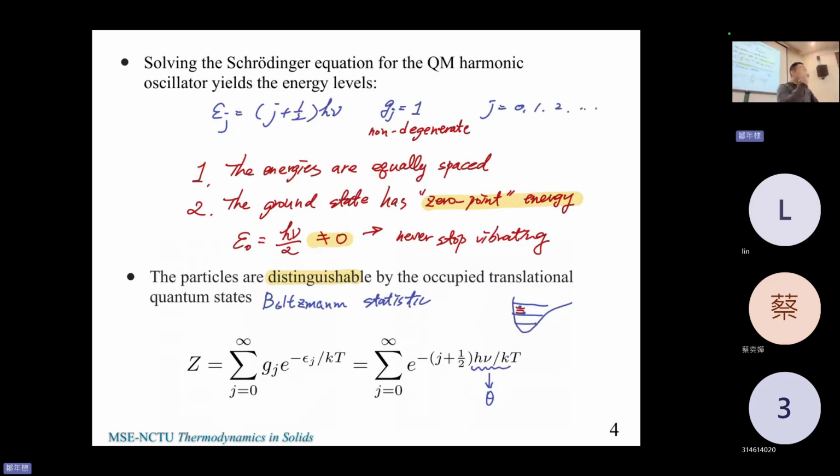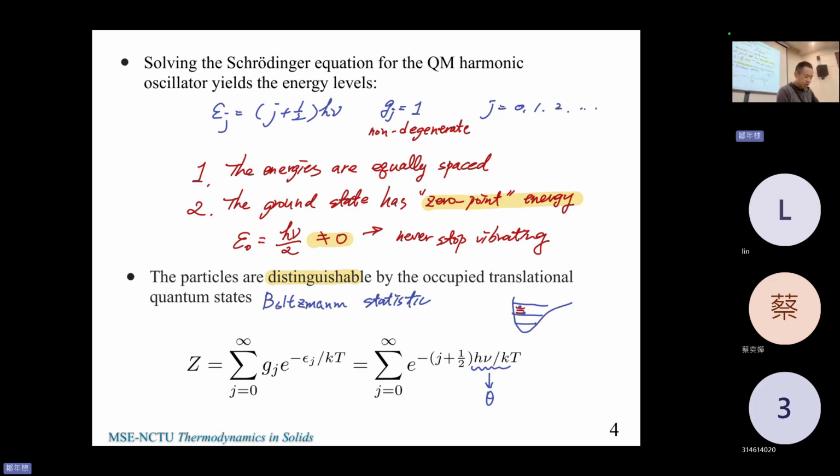A really important thing here is that the quantum mechanical harmonic oscillator has energy levels in this form, and this form tells us something. The first one is that g_j equals 1, it is non-degenerate, and all the degeneracies are 1.